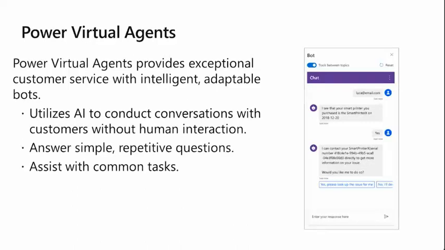So for example, we actually had a customer who uses Microsoft Dynamics 365 and Power Virtual Agents, and they had a chatbot on their website, and they used it for scheduling customer service visits.